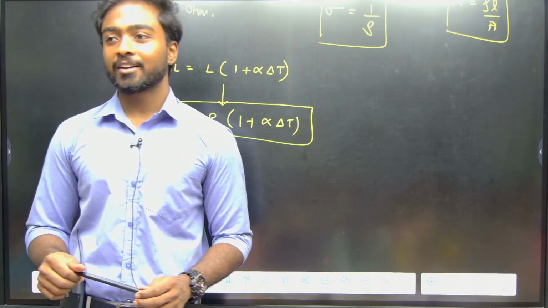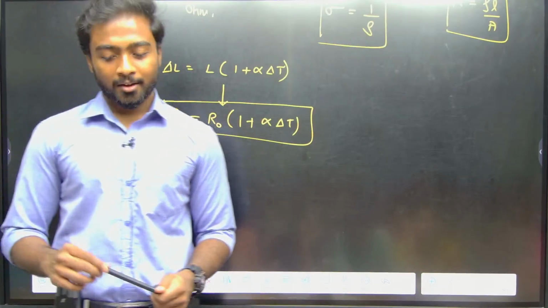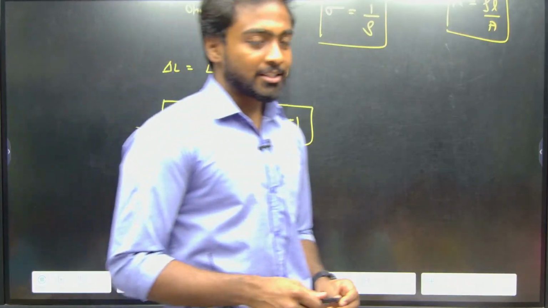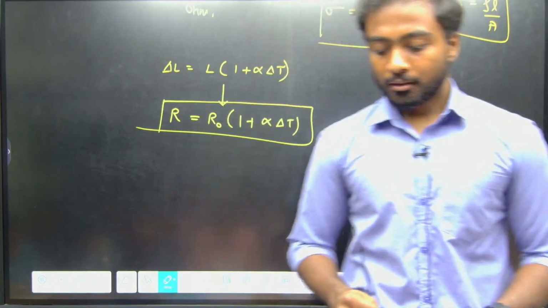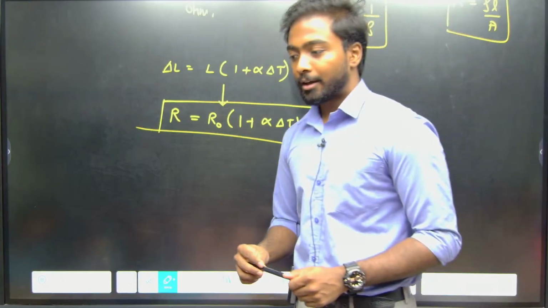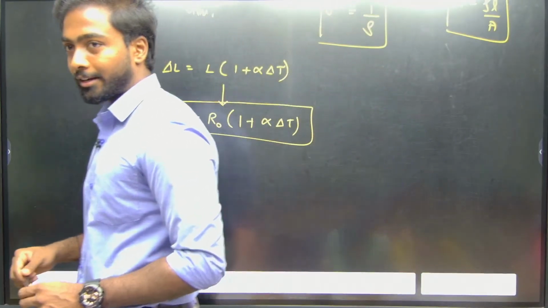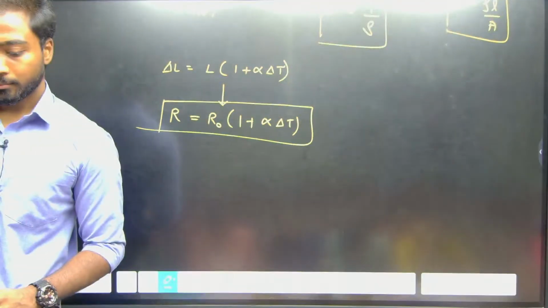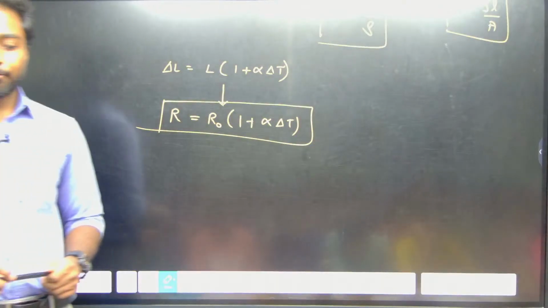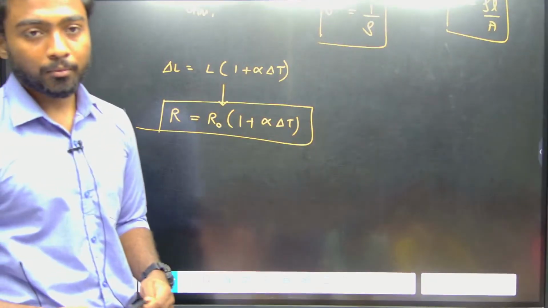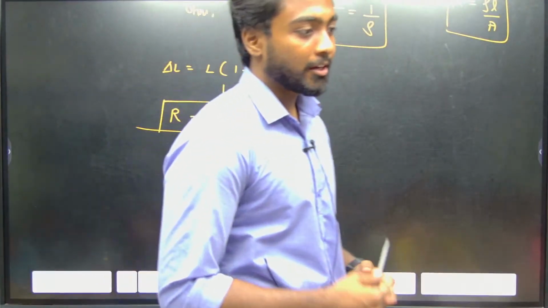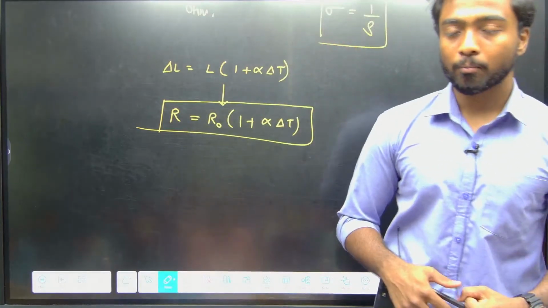What is the field inside a conductor? 0. Write on the first point: for a static charge conductor, the field inside is 0.